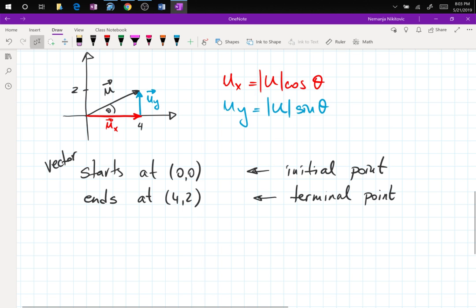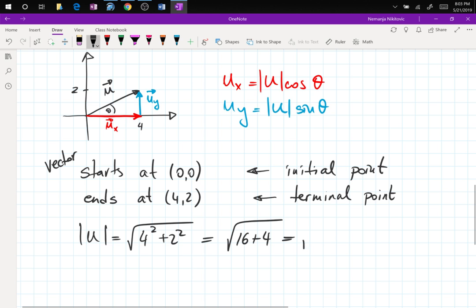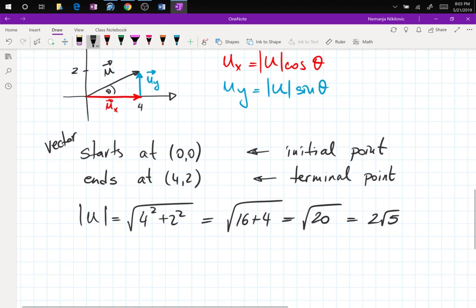So now I can calculate the magnitude of the vector by working out 4 squared plus 2 squared, which is 16 plus 4, square root of 20, which is 2 root 5 units. I don't care what the units are right now.